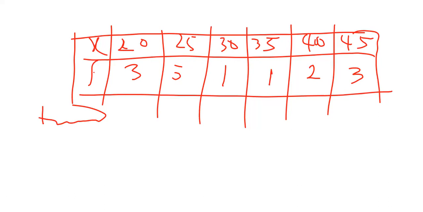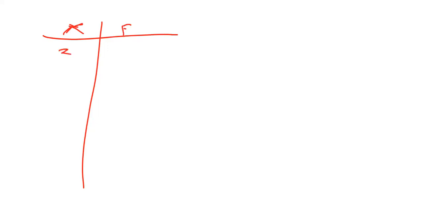Yes. Good. Automatically, we calculated the mean yesterday, but we still have to show it. It goes like this. Our mean, so this is frequency. 20, 25, 30, 35, 40, 45.